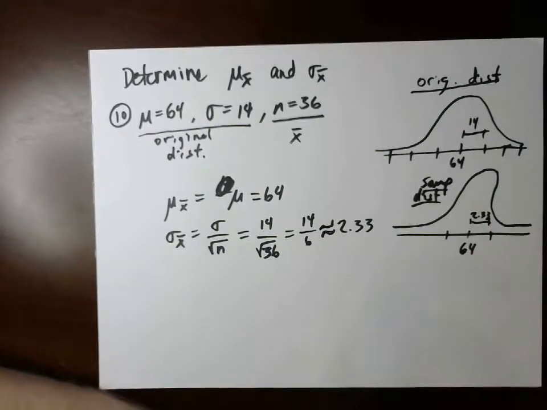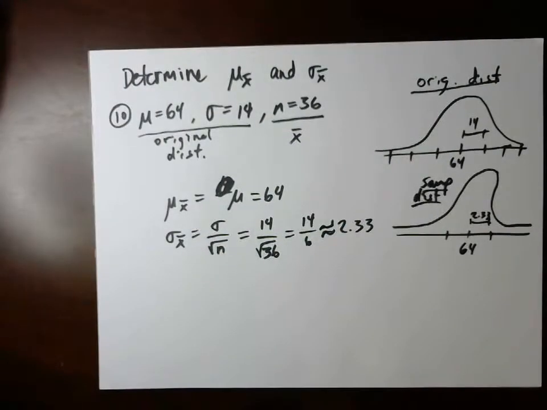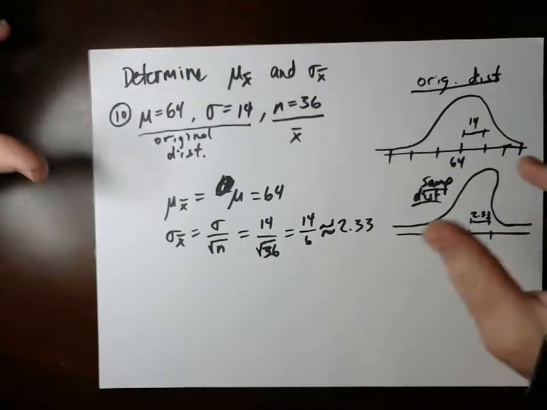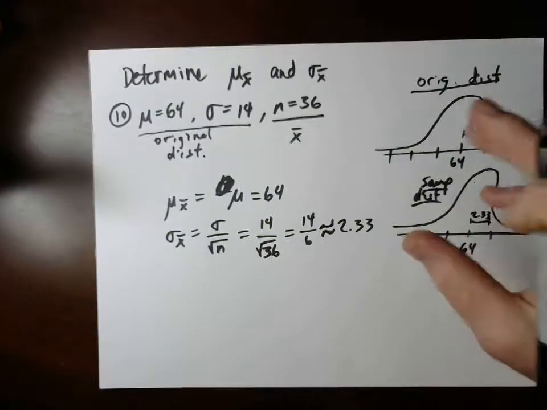So the basic idea, if you haven't picked up on this already, is that when you're taking an x bar of a sampling distribution, you're more and more accurate, and you'll have a smaller standard deviation as n increases.